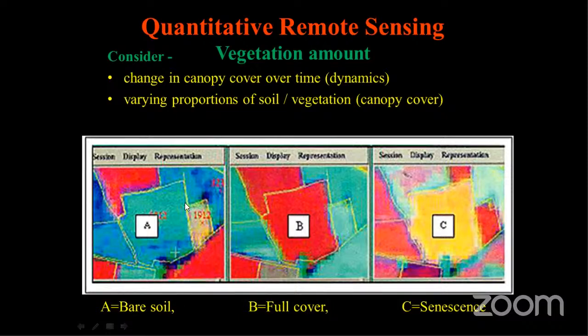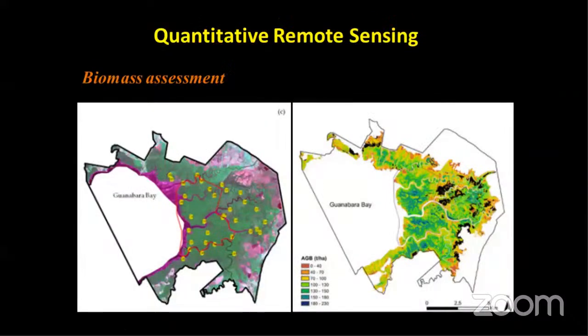So see, if it is bare soil, and if it is healthy, and if it is senescence field. So here bare soil, full cover and senescence, you can easily quantify how much amount of vegetation or what is the area of this particular vegetation. So this amount gives you the quantity, and that's why it is called quantitative remote sensing.